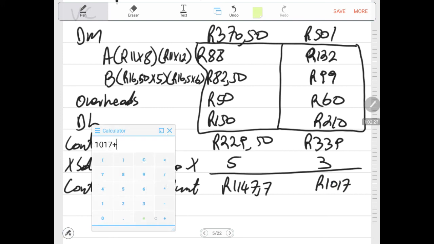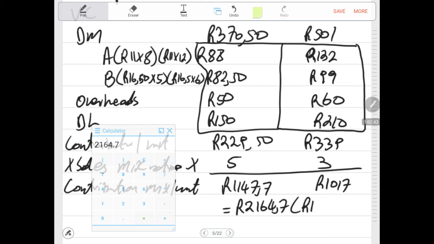Then after we add the two, 1,147.7 is equal to total contribution mix 2,164.70, which is the sum of the two, 1017 plus 1147.7.